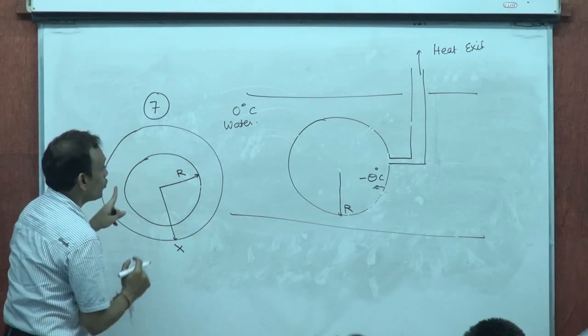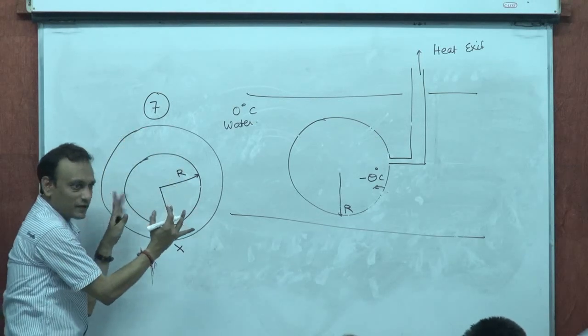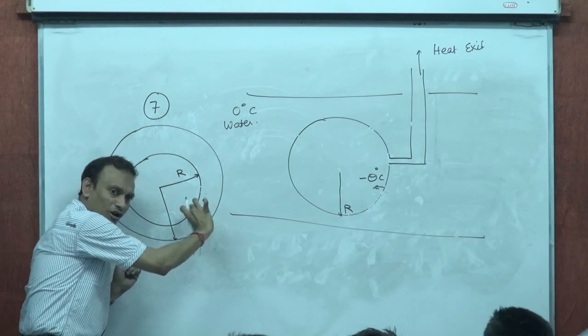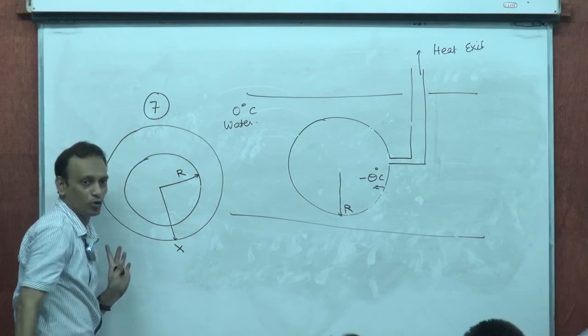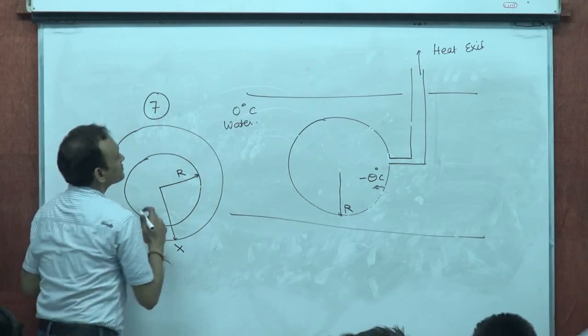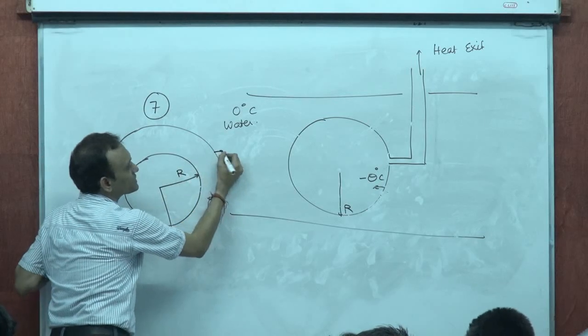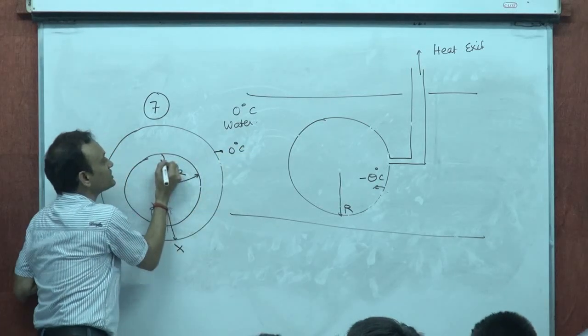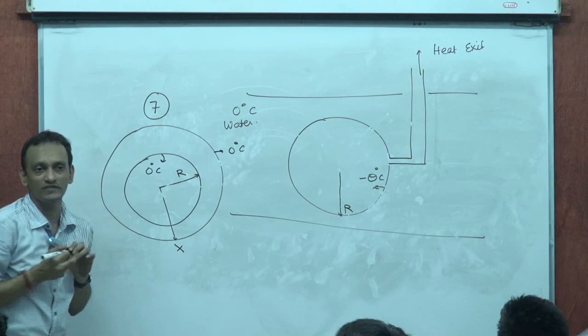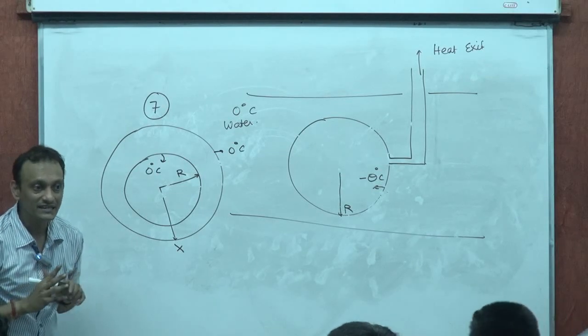That means now, in this state, this is an intermediate state. You have thickness x minus R of ice that has already developed over it. The temperature of this is 0 degrees. The temperature of this is minus theta degrees, isn't it?